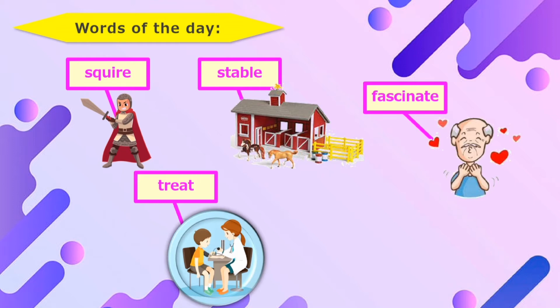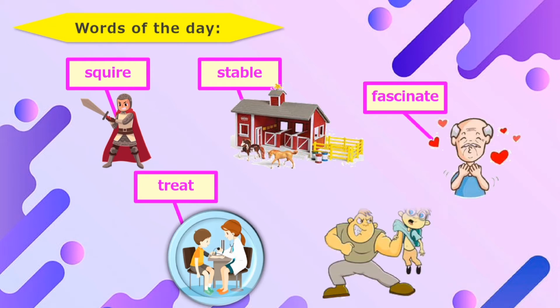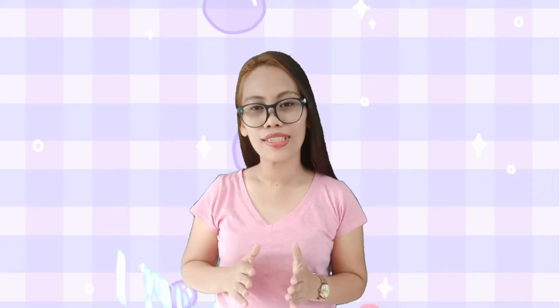The word is treat. Everybody say treat. And we have the next picture. You have here somebody bullying a little kid. Yes, and this big boy will be described as ruthless. Everybody say ruthless.